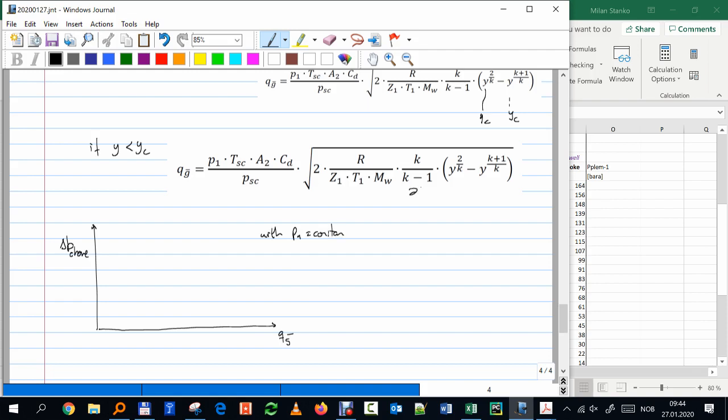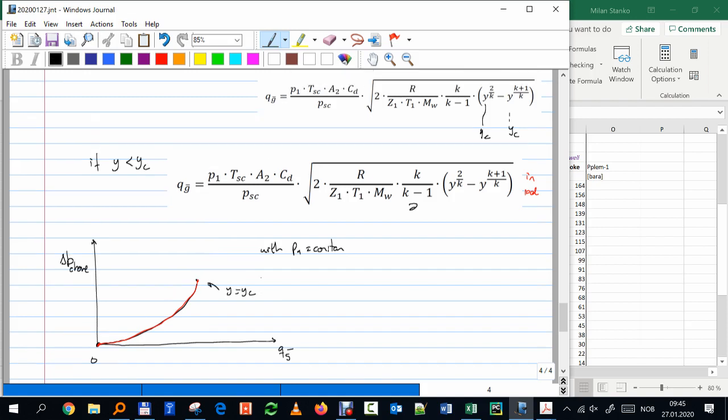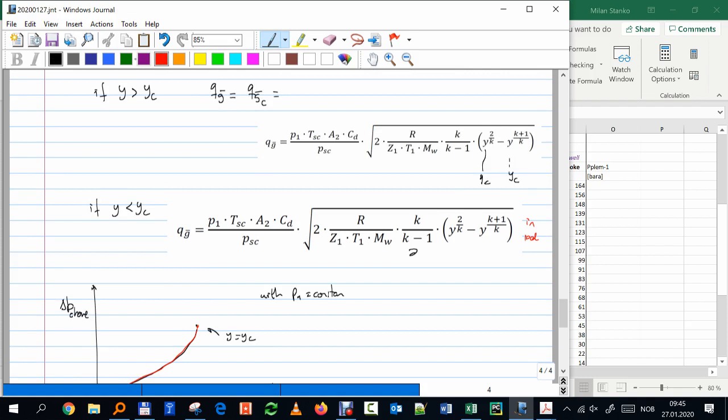This equation here is essentially a nonlinear function starting like this, let's call it here in red. This equation will be this part here. And after I reach that critical point, where I reach Y equal to Yc, then it simply becomes this equation in blue.